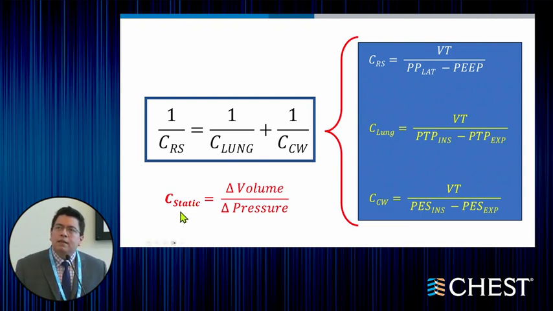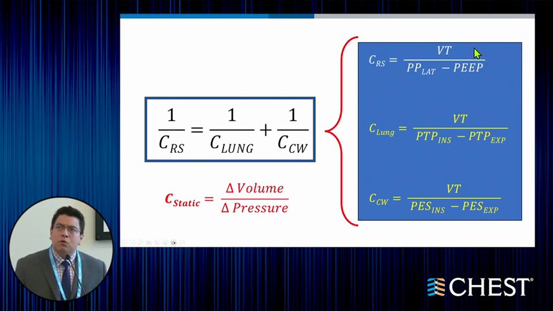So the change in volume in the static compliance calculations is going to always be represented by the tidal volume. And then we have different components for the pressure differences at the end and beginning of the cycle, depending on what compliance you are referring to.